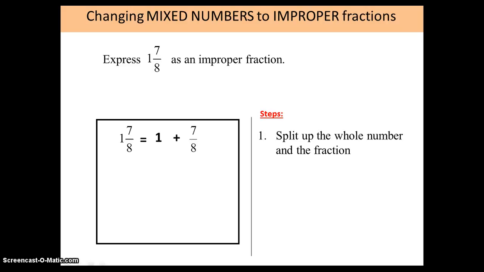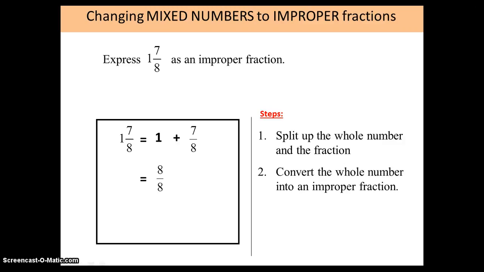As you recall, 1 whole is equal to 8/8 in improper fraction. Add the fractional part, 7/8. In total, if you add the numerators together, you have 15/8. So 1 and 7/8 is equal to 15/8.